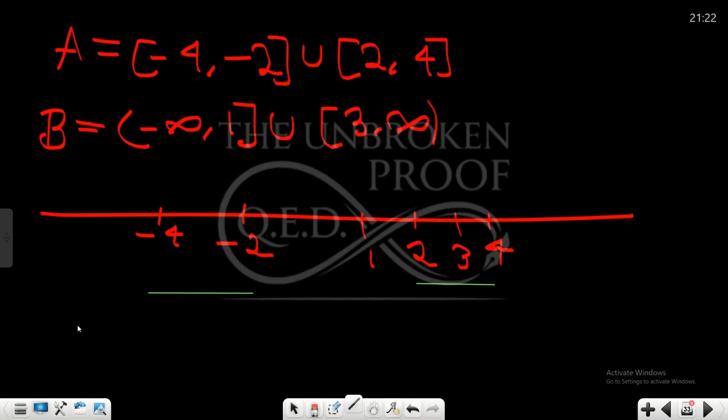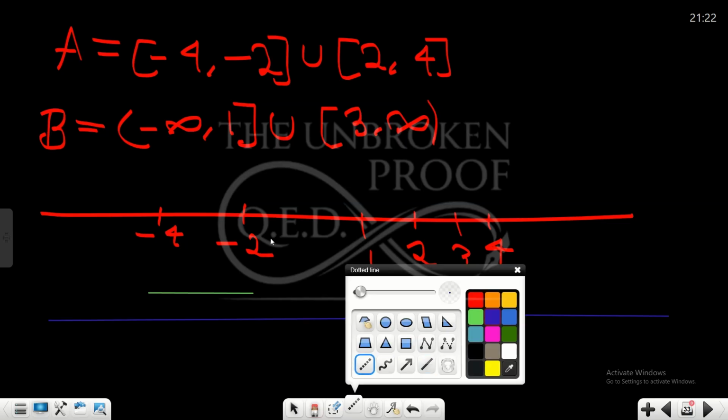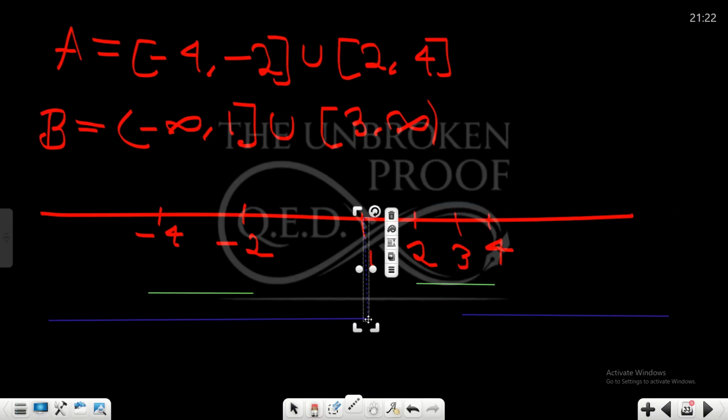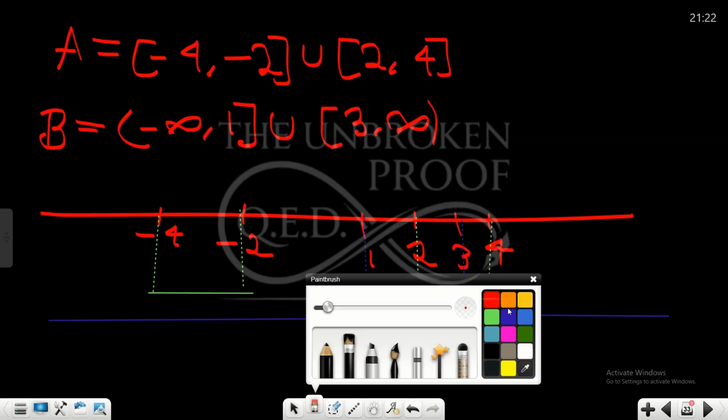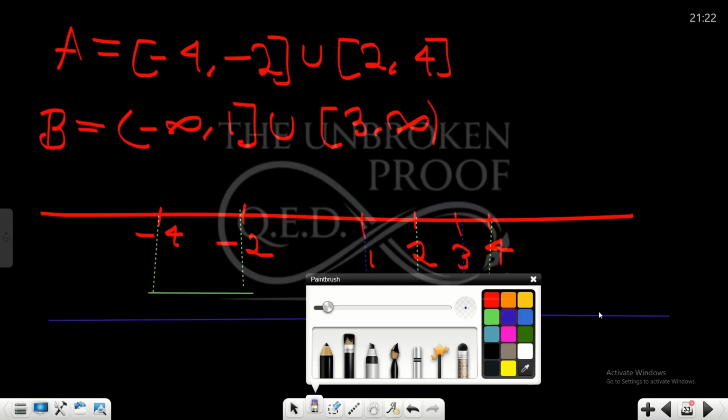This should be from minus infinity to 1 and 3 to infinity. Okay, so if I represent with these dotted lines, it's going to be like this, and for the A one, this will be like this. So green is A and blue is B. This is A and this is B.